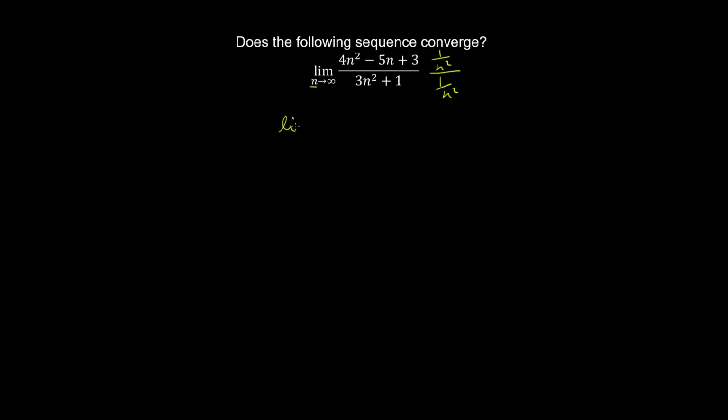So we end up with the following limit. And therefore, taking the limit of each term individually as n goes to infinity, the following terms go to 0. And therefore, our limit is 4/3.